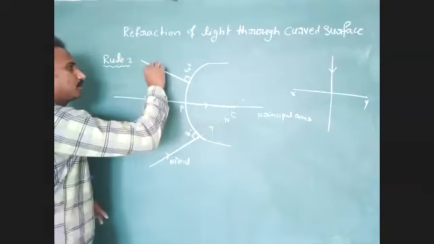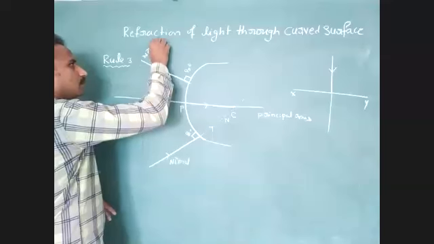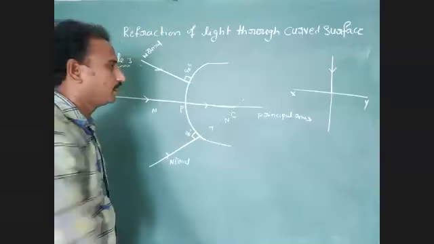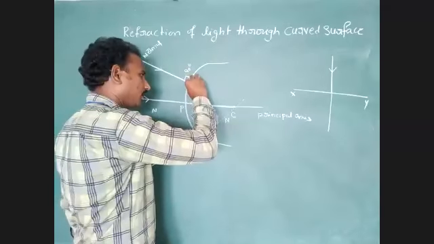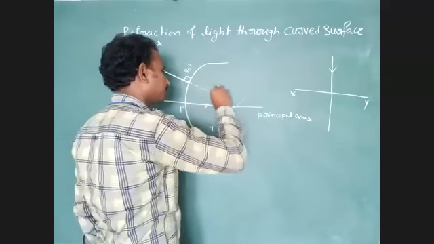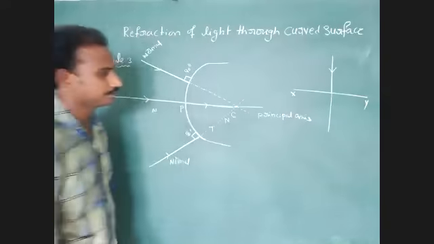The normal direction and the incident ray direction are the same. Then the refracted ray cannot deviate. It follows the actual path of the incident ray.